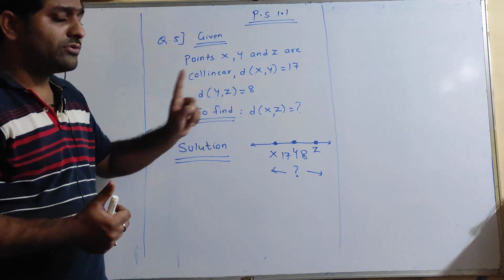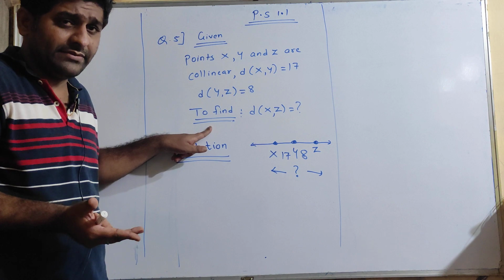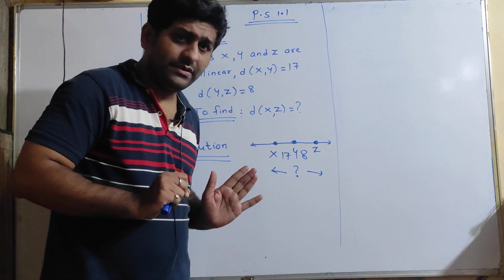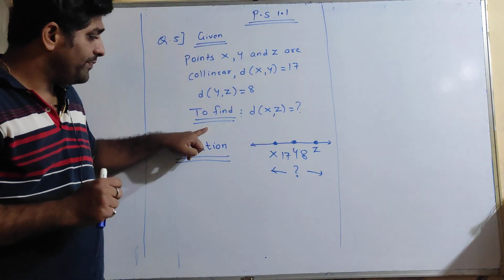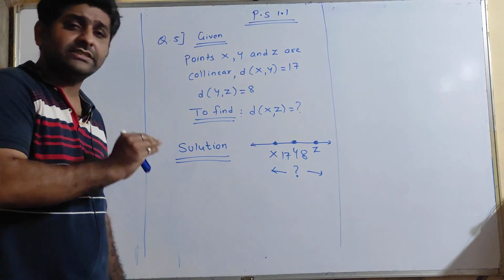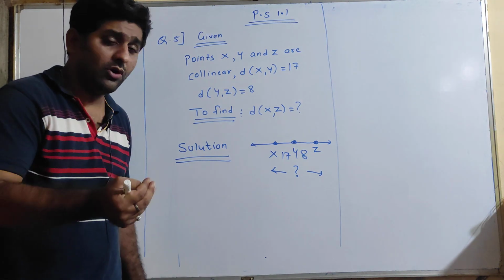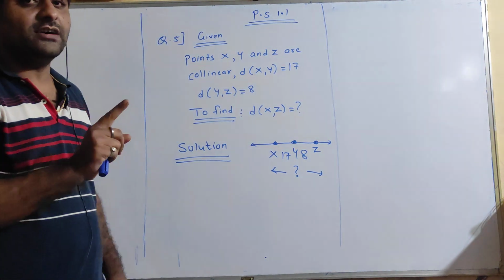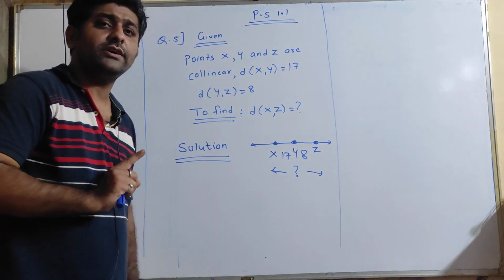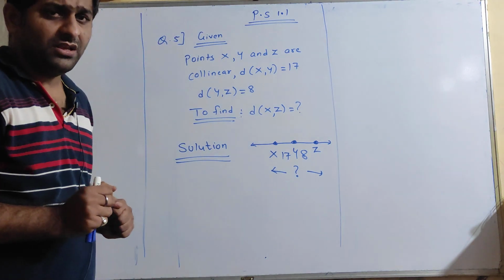All these things we are going to mention in Given. Then what the question asked us to find, all that we are supposed to find will come in the column of To find. And whenever in geometry there is To find, we always write Solution. These are the basic instructions to be followed whenever we are solving sums in geometry from now on. Also, if there is a figure related to that sum, always make sure the figure is on the right hand side. This is just for your presentation purposes.